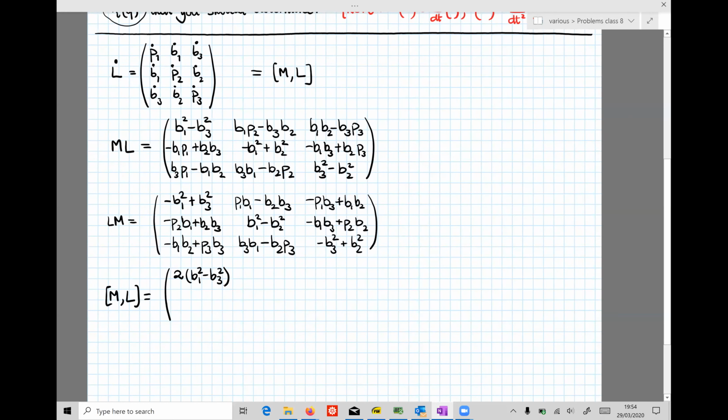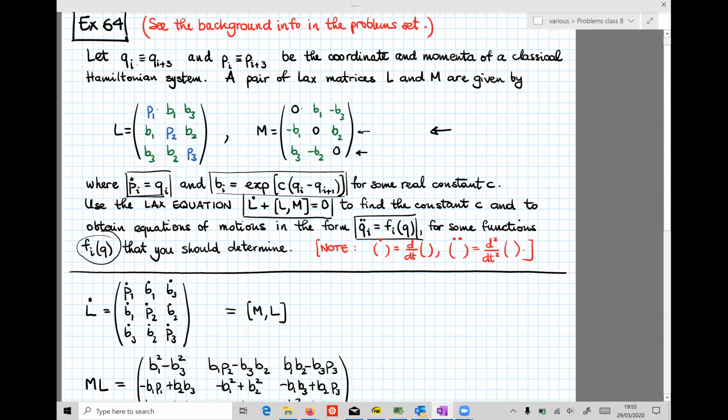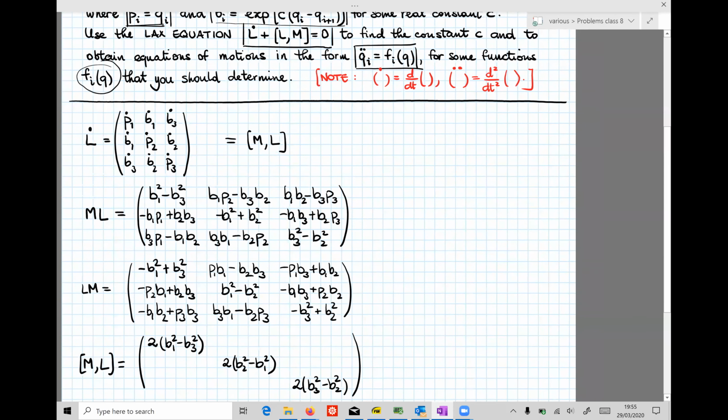Next one, I get 2 times B2 squared minus B1 squared, and entry 3,3 is 2 times B3 squared minus B2 squared. We see there is a nice cyclic structure, which agrees with the fact that Qi and Pi were cyclically or periodically identified.